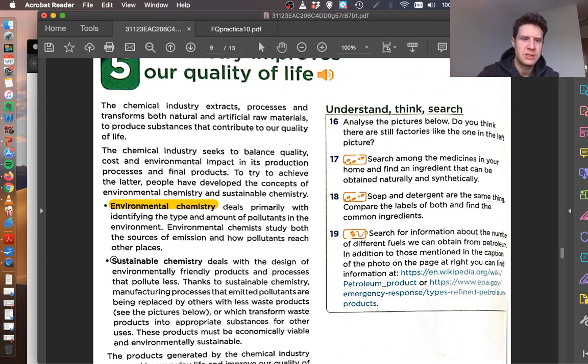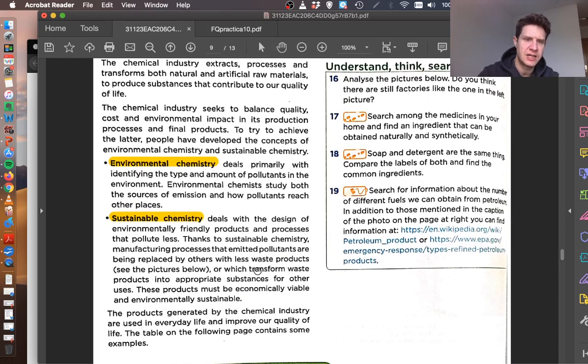And sustainable chemistry deals with designing environmentally friendly products. So we are going to design a product that is environmentally friendly, so that it doesn't generate any substance, or generates as few pollutants as possible.